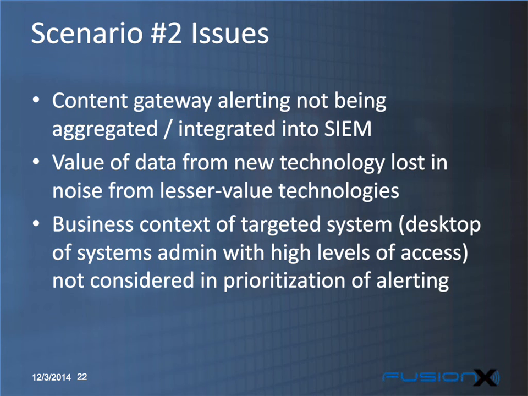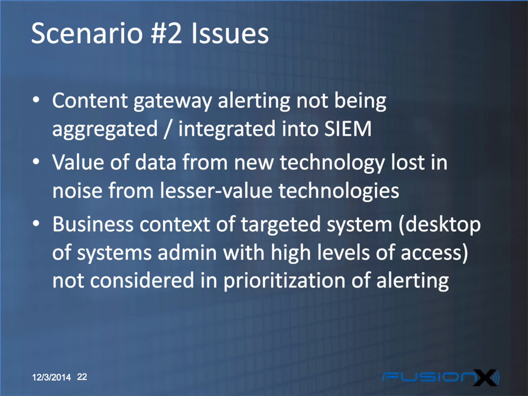So some of the issues here: content gateway alerting wasn't being correctly aggregated and prioritized within the SIM/SEM tool. If you've got a next generation product that may be very good, those alerts shouldn't necessarily be prioritized on a one-to-one scale with an older technology like a firewall drop rule.